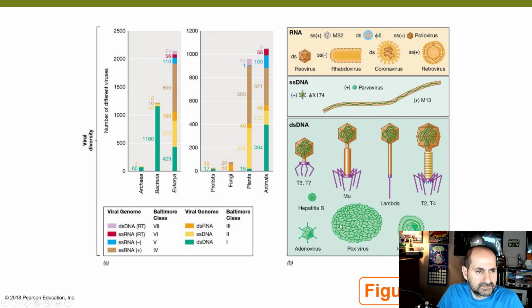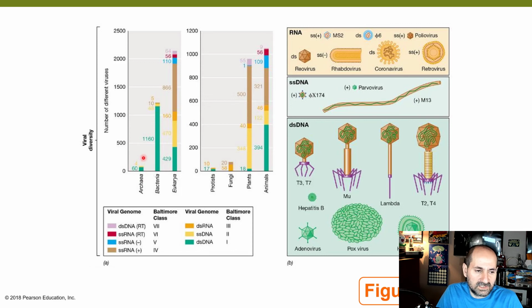And here you can see, based on the domain of life, archaea, bacteria, eukarya, you have different amounts of diversity of viruses. So archaea has the least diversity of viral types that infect them, and that makes sense.